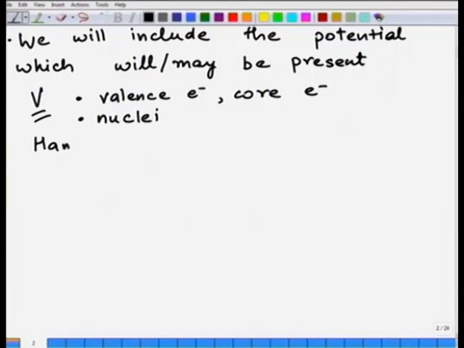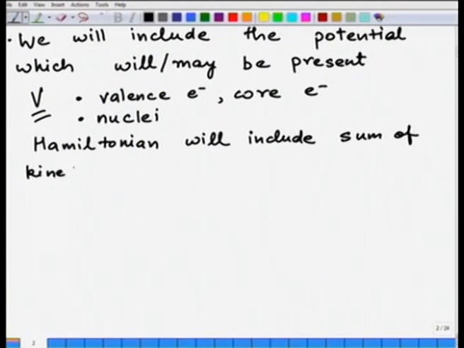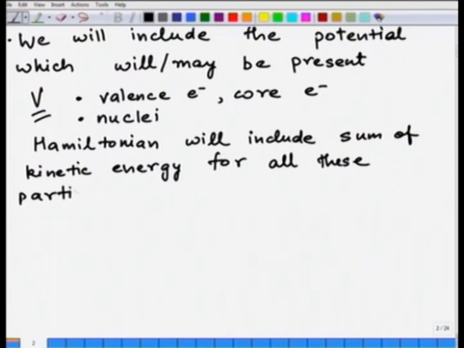Indeed, we can write a potential for it. So if we were to solve the Schrodinger equation for it, then the Hamiltonian will include the sum of kinetic energy for all these particles, apart from the potential.